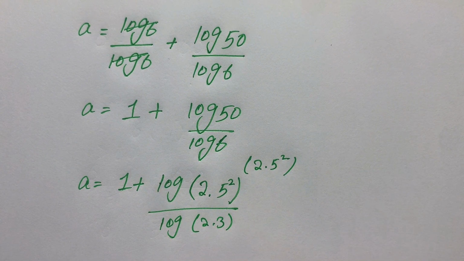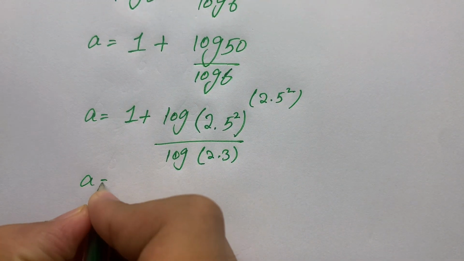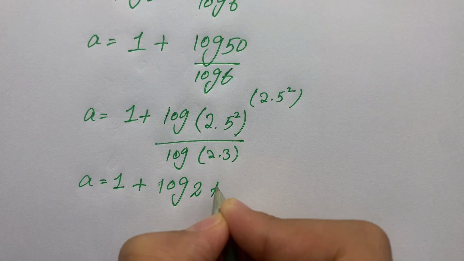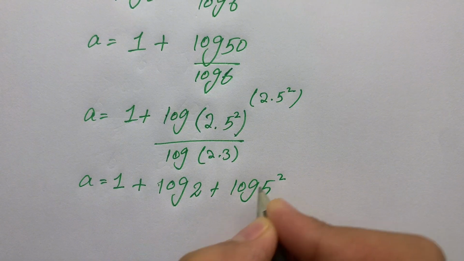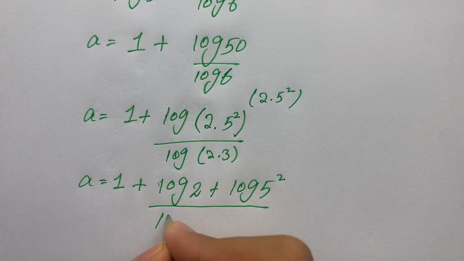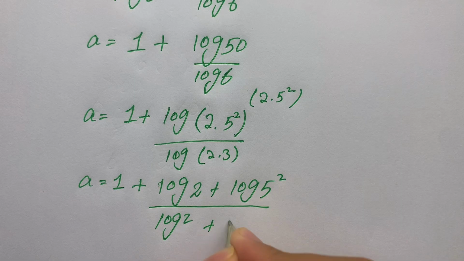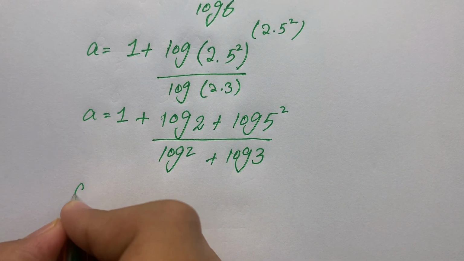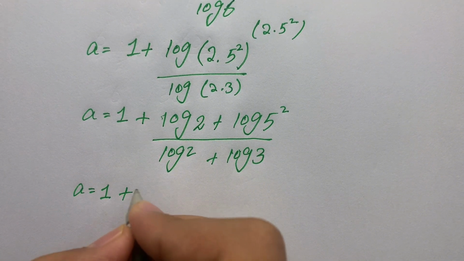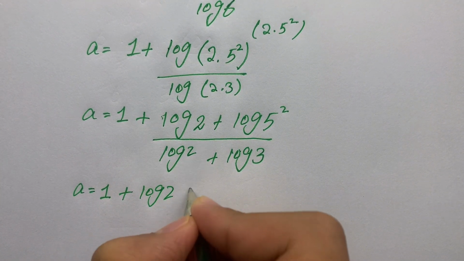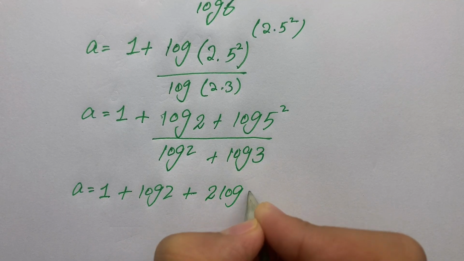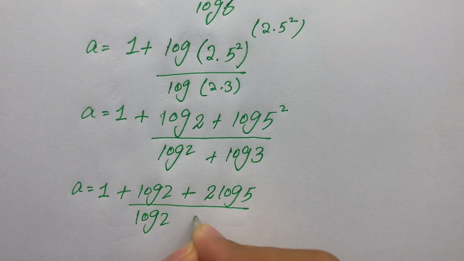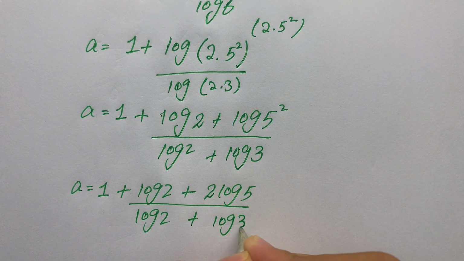Now a is equal to 1 plus log of 2 plus log of 5 squared, divided by log of 2 plus log of 3. So a is equal to 1 plus log of 2 plus 2 log of 5, divided by log of 2 plus log of 3.